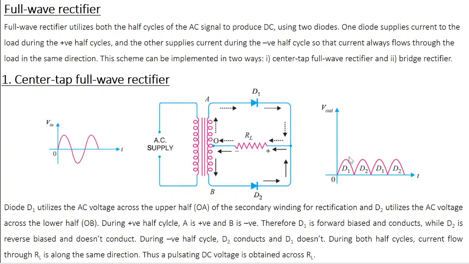This is the output waveform of a full wave rectifier. As you can see, during both half cycles, current flows through RL in the same direction. So you have a pulsating DC voltage obtained across the load resistance. Once again, this is not a clean DC. You can make it a clean DC by using a filter circuit.